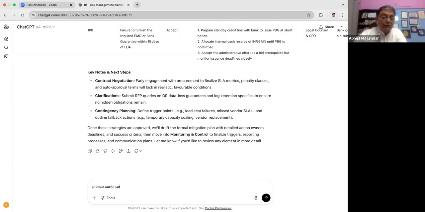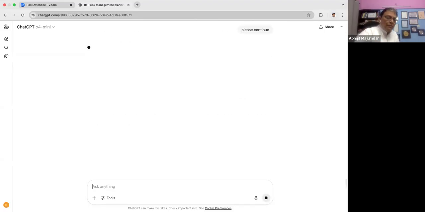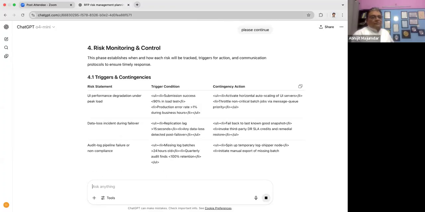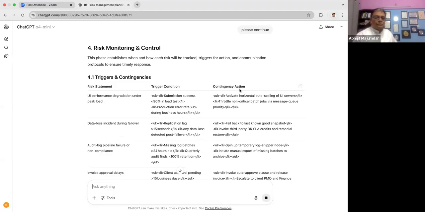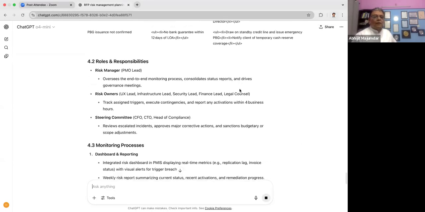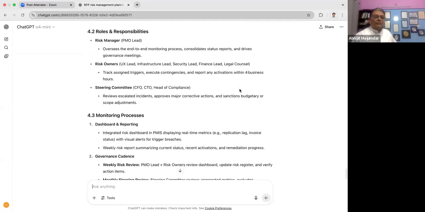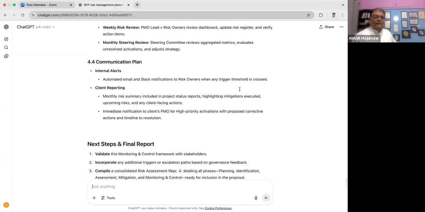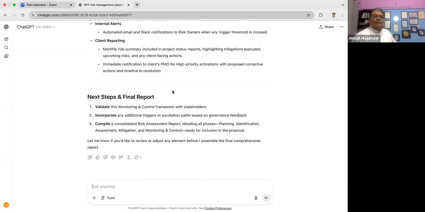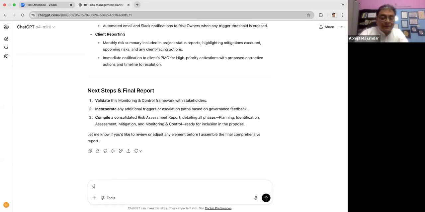And in between, if you want to do something else, you can actually go and do that also and come back again to that context. It has now given the risk owners, also identified the risk owners. Next, get a final report. Would you like to assemble the final comprehensive report? Yes, please.